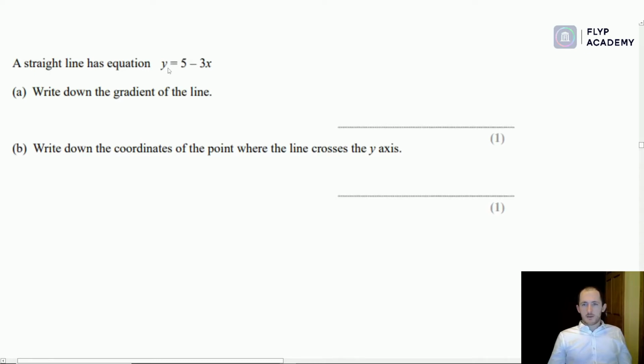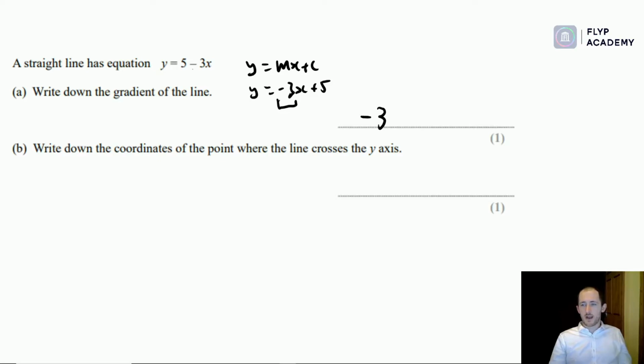A straight line has an equation y equals 5 minus 3x. If you want, you can write this in the form y equals mx plus c by just writing the minus 3x first and then doing the plus 5 like that, okay? You can swap around these terms however you want. The gradient is the number in front of x, which is minus 3. Write down the coordinates of the point where it crosses the y-axis.